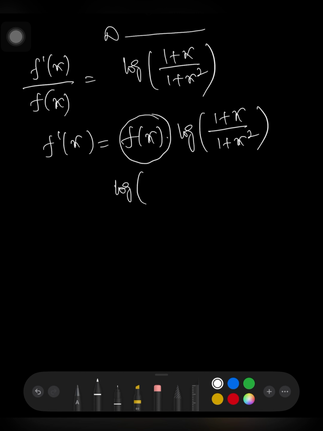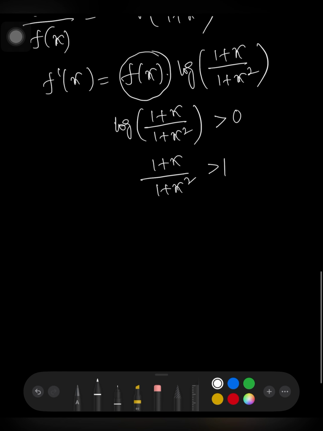Now if log of (1 + x) by (1 + x²) is greater than 0, then I can say that (1 + x) by (1 + x²) is greater than 1. So here x clearly lies in between fractional values, because we want (1 + x) by (1 + x²) greater than 1, so it is very clear that 1 + x is greater when compared to 1 + x².